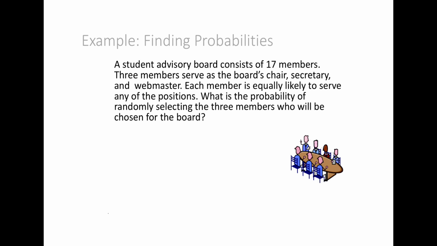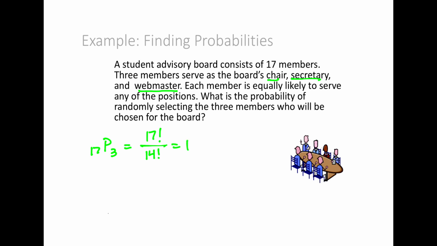Now notice that these have positions. We have the chair, secretary, and webmaster. And so order is important. In this case, with 17 permutations with three positions, we would want to take 17 and divide it by 17 minus 3, which is 14.